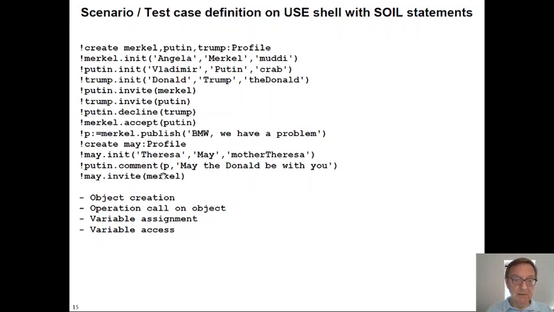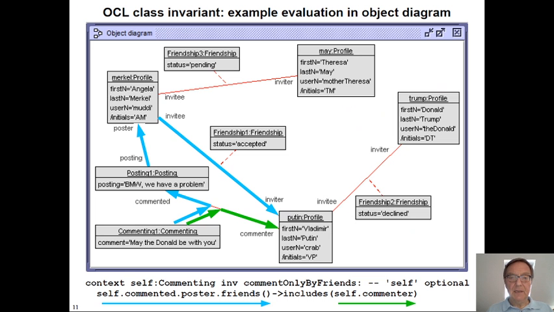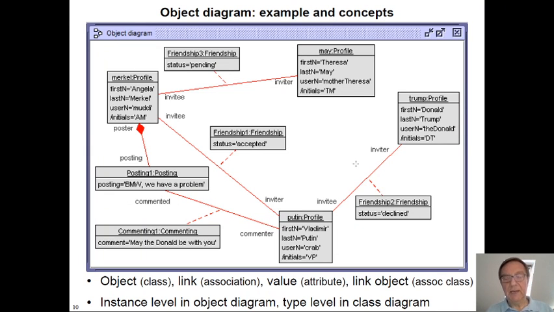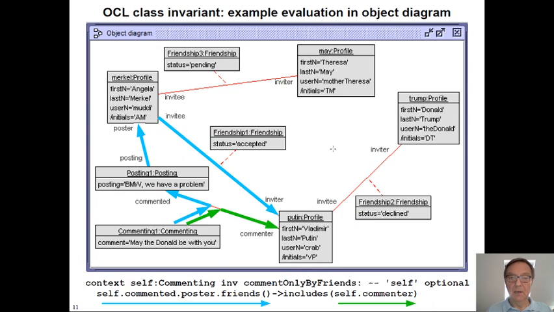So this p is used over here. This series of commands, this command sequence, is exactly the command sequence that generates this object diagram here.